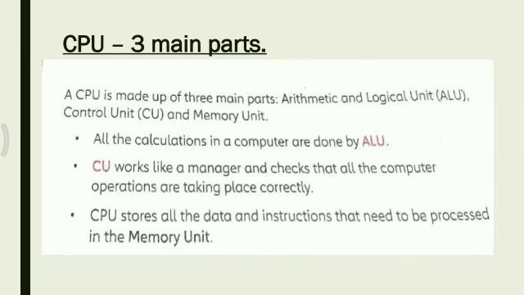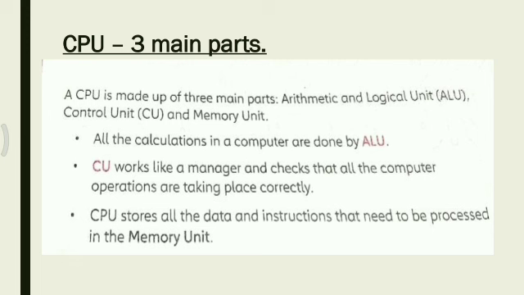Then you can see CPU has three main parts. The CPU is made up of three main parts: the arithmetic and logical unit, ALU, control unit, CU, and memory unit. So first, all the calculations in a computer are done in ALU, the arithmetic logical unit.